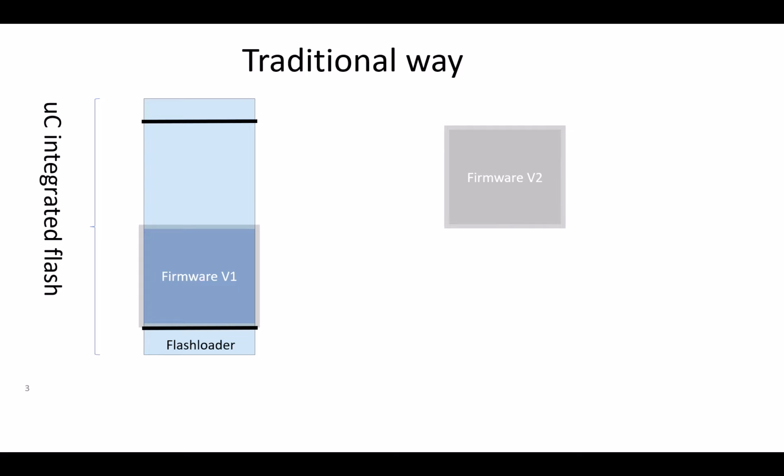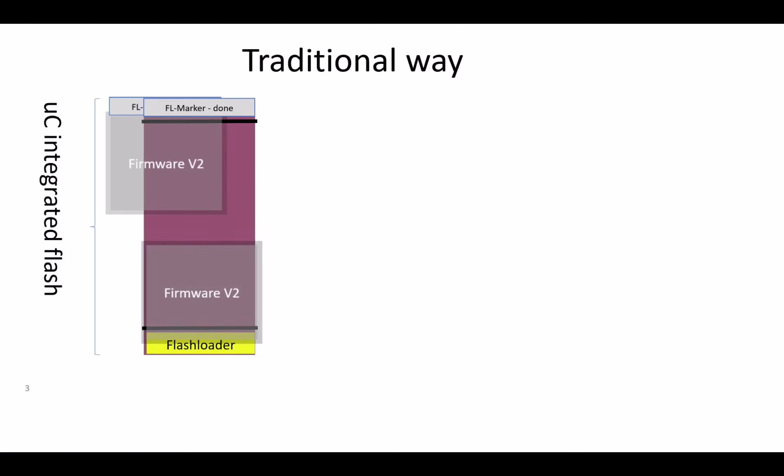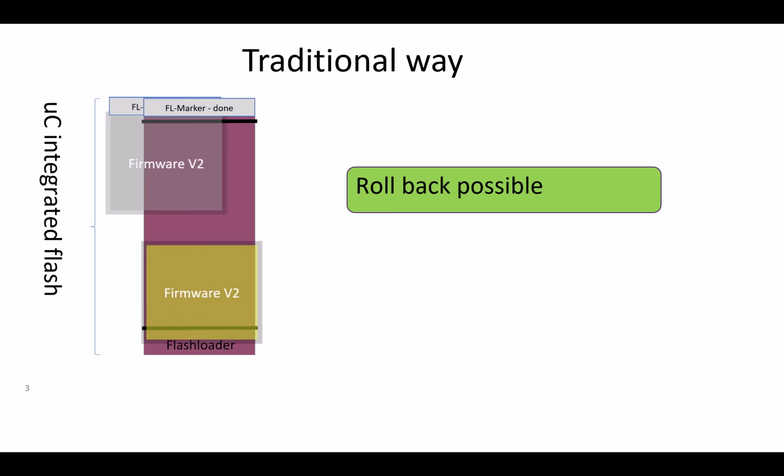Usually there is a firmware which gets some header, and then it's transferred to the upper part of the flash. Then the bootloader gets activated, which erases the old one and copies the new one over to that part. Then it activates the new one, and from now on, the new one is running.